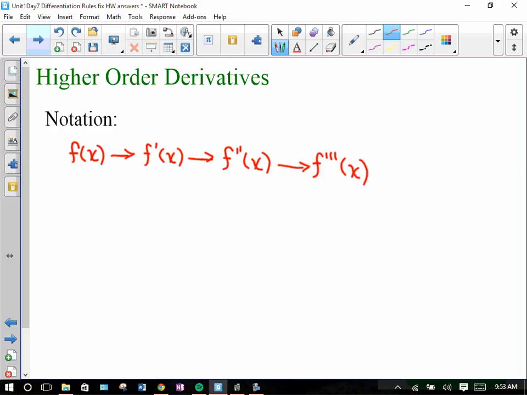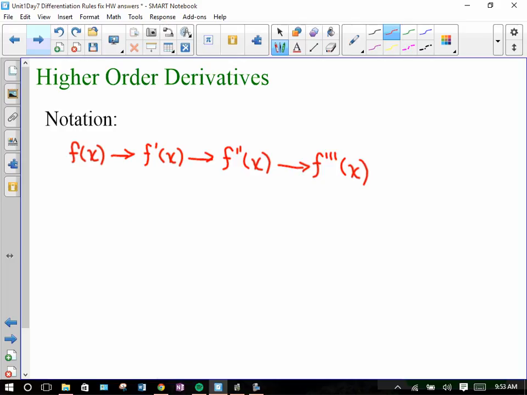And you can keep going forever, to the fourth, fifth, and so on. Some functions go on forever. Other functions end up going all the way down to 0, so that the derivative is equal to 0.